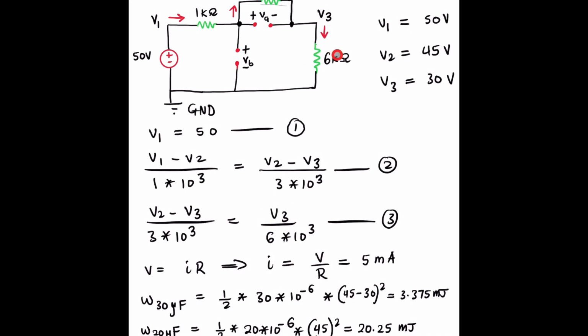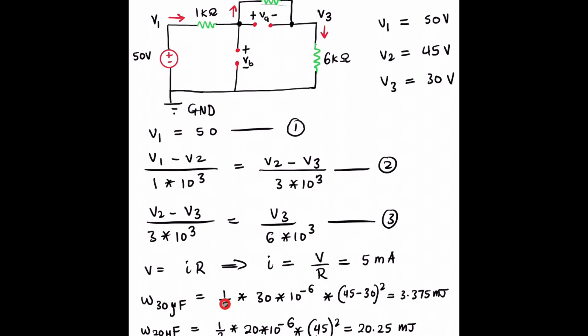by 6,000. And also remember, current always flows from a higher potential to a lower potential in a resistor. So if there's a higher potential and a lower potential, current is going to flow this way, and since we have an open circuit here, the current is going to go this way and that way back to ground.